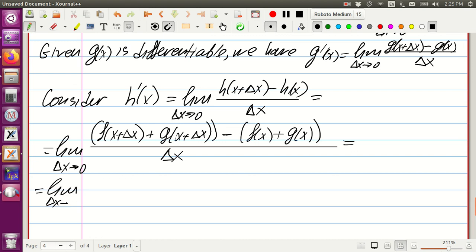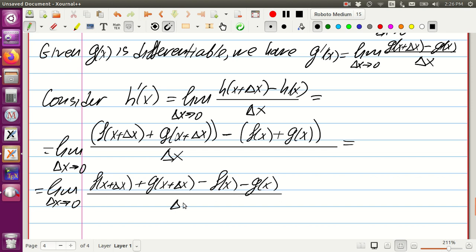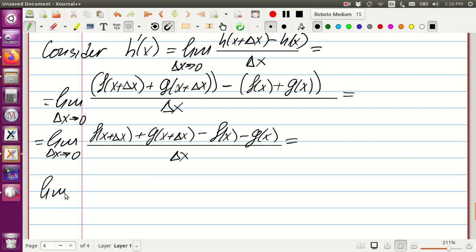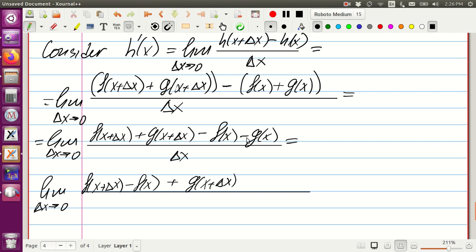We get the limit as delta x goes to 0 of f of x plus delta x plus g of x plus delta x minus f of x minus g of x divided by delta x. And I'm going to combine together f and g's. So we have the limit as delta x goes to 0 of f of x plus delta x minus f of x plus g of x plus delta x minus g of x.